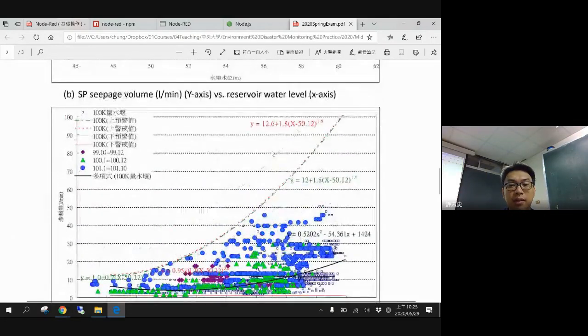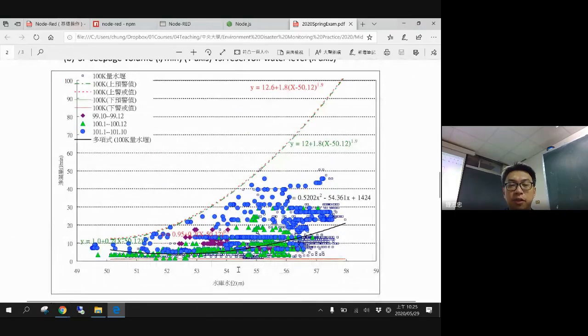But for the second case, this is also the reservoir water level versus the leakage, or the volume of the leakage. You can find a lot of data here. Last time we said that it may include the dry season and the rainy season.